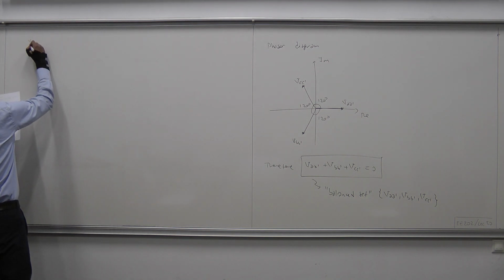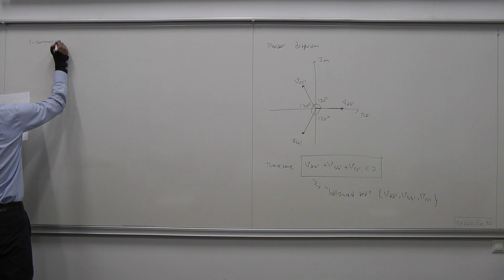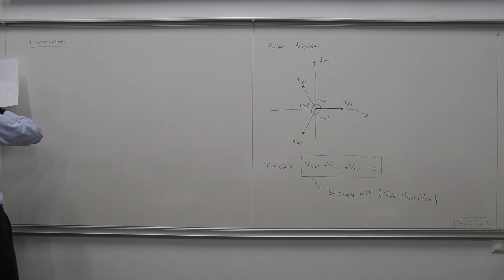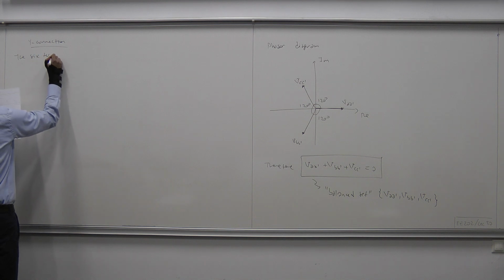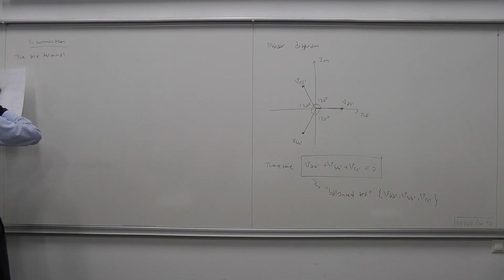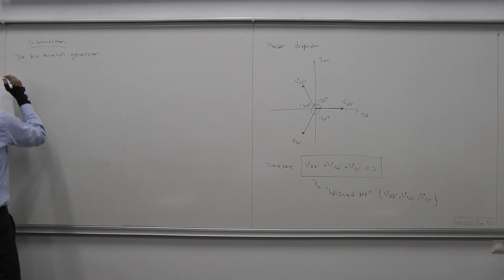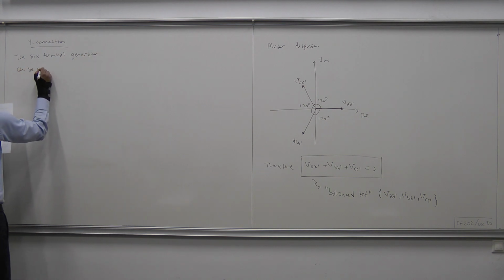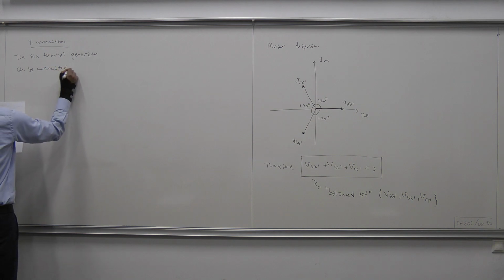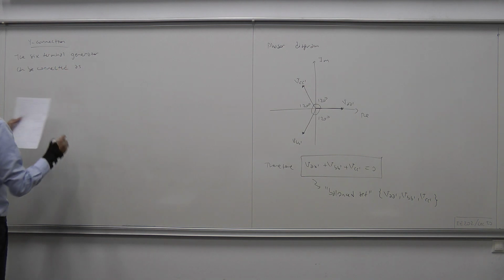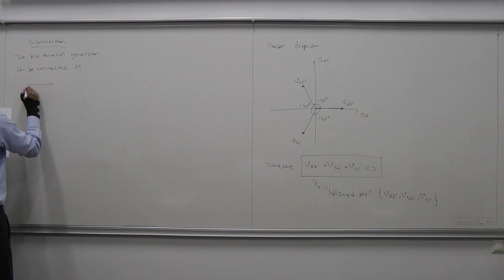Okay, so Y connection. Now the 6-terminal generator can be connected as follows.